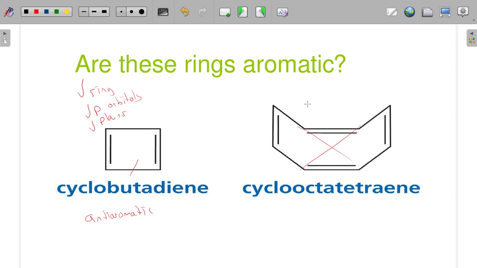All right, weird thing is, even though this fits all those same categories, it's not anti-aromatic. You see how it's drawn bent now? It's not drawn like a stop sign. The reason it's drawn that way is because the 8-membered ring is big enough that it doesn't actually have to be planar. So it is a ring, and it does have p orbitals. And if it was planar, it would have an even number of pairs, and it would be anti-aromatic.